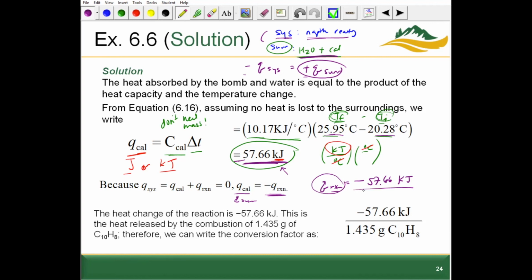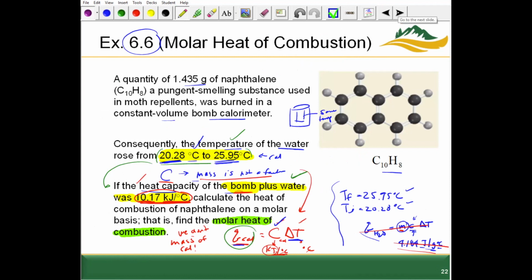Now on a per mole or per gram basis, we know how much naphthalene we put into the reaction vessel. We had this many grams of naphthalene. This many grams reacted to produce or release this much heat. Now in the problem, we are asked to find the molar heat of combustion. Right now we have grams of naphthalene.